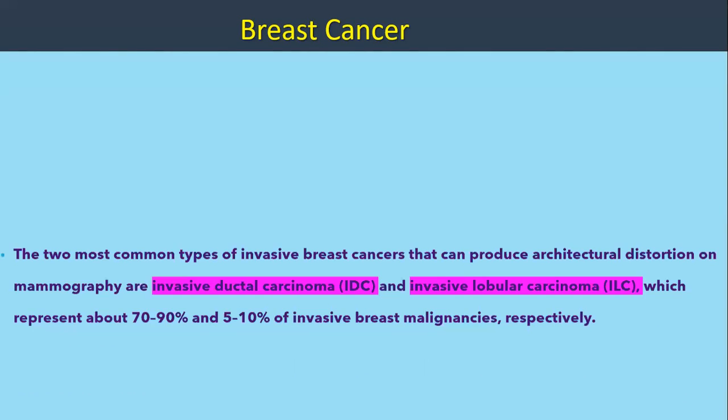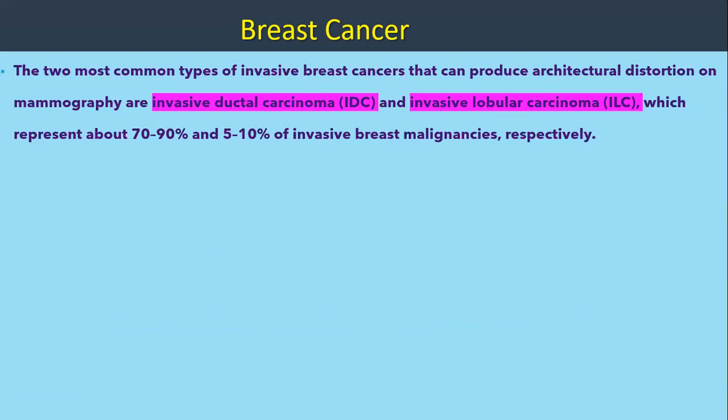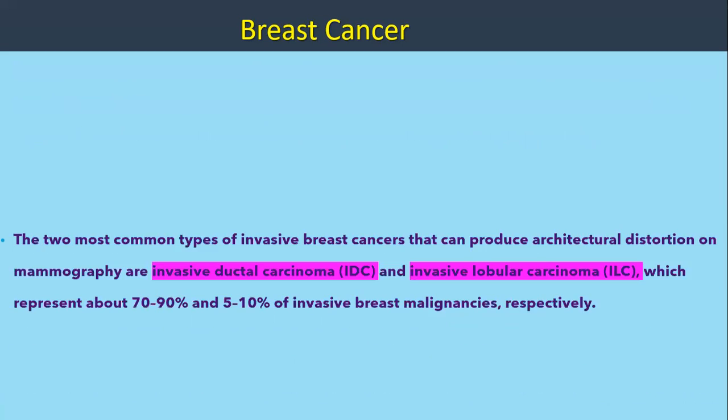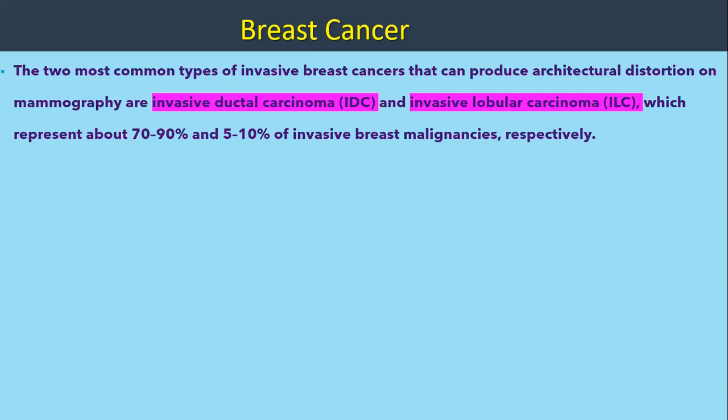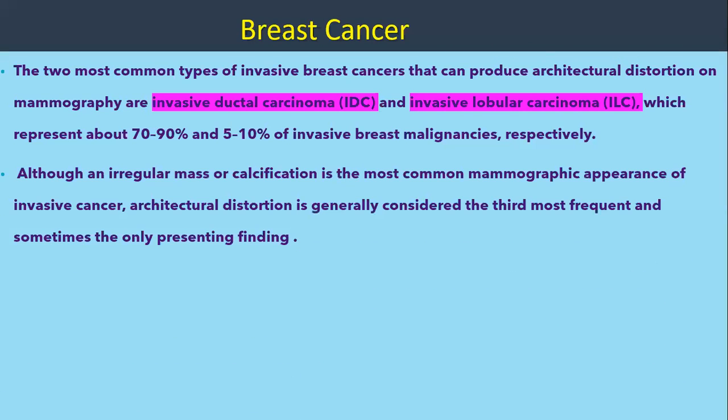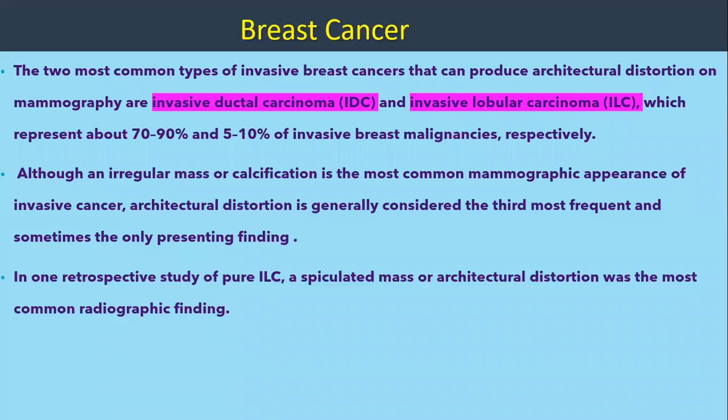The two most common types of invasive cancer presenting as architectural distortion are invasive ductal, lobular, or mixed. The most common is invasive ductal, representing up to 90%, and lobular is the remainder. Irregular mass or calcification are the most common mammographic findings of invasive cancer; architectural distortion is generally considered the third most frequent, and sometimes the only presenting feature of breast cancer.